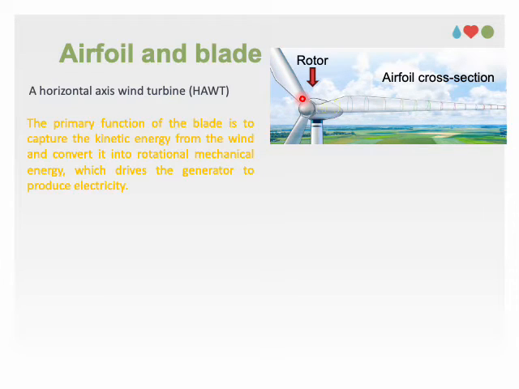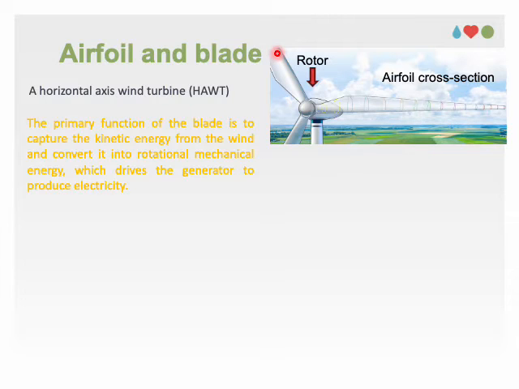Each blade is a long, slender, airfoil-shaped structure attached to the hub of the wind turbine and extends outward from it.